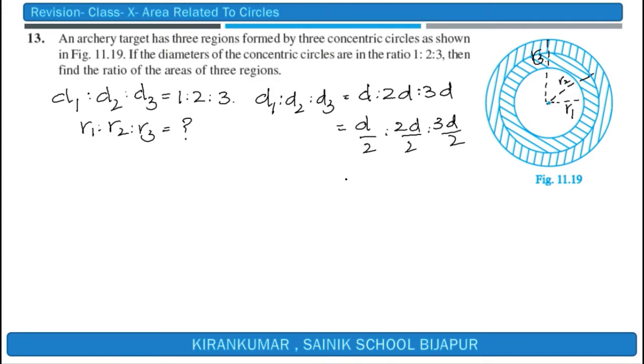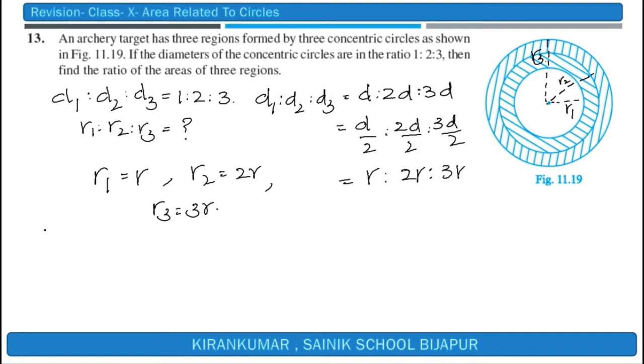d by 2 is nothing but the radius r. This will be 2 times the radius, this will be 3 times the radius. So r1 will be some r, r2 will be 2r, r3 will be 3r.